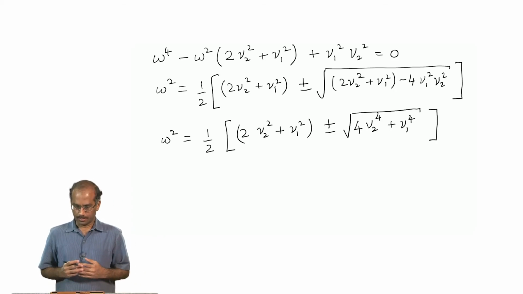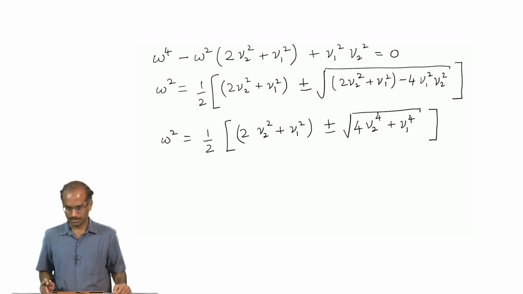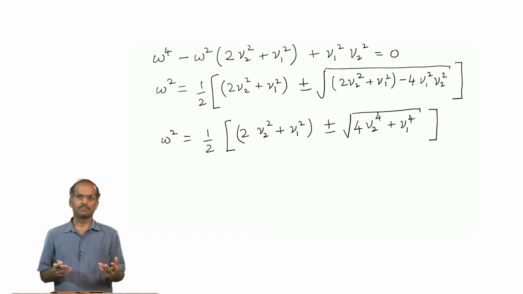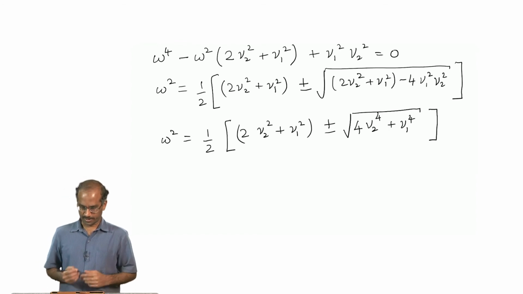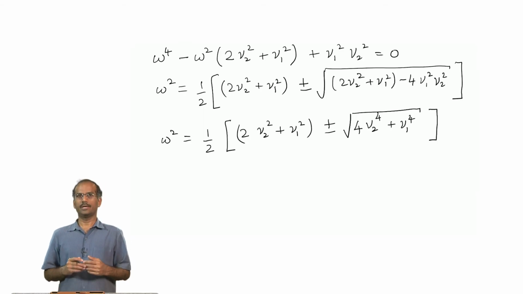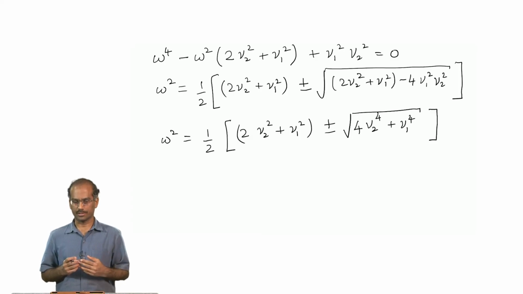Remember that it is a fairly complicated solution that we have obtained, but it can be simplified provided we make some simplifying assumptions. Suppose, for example, I assume that K1 and K2 are equal, that is both the spring constants are equal.